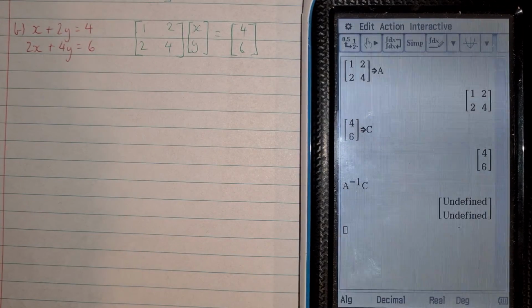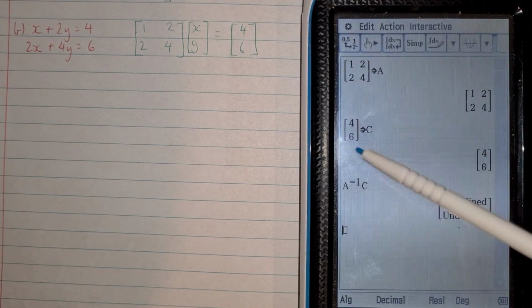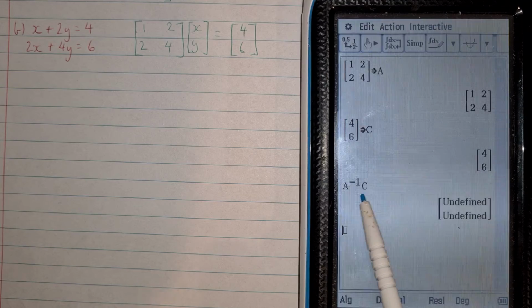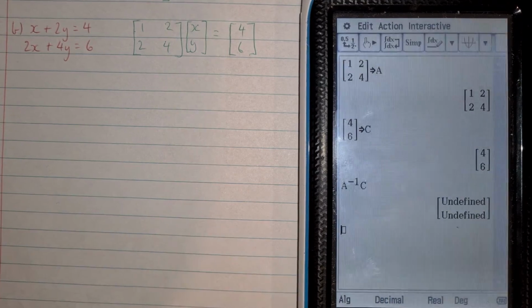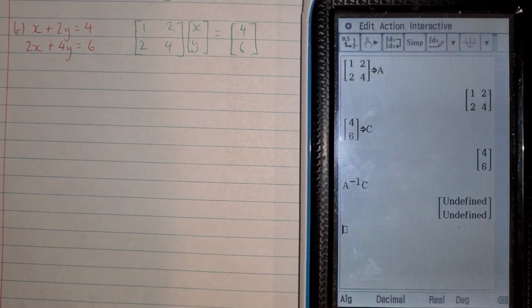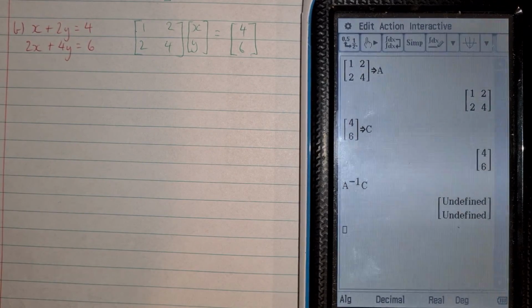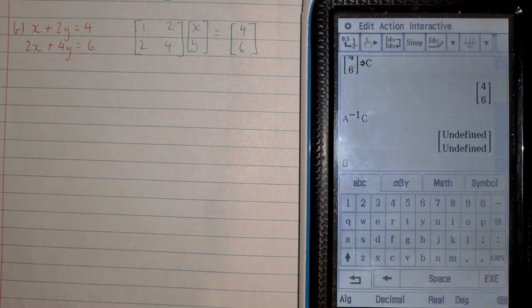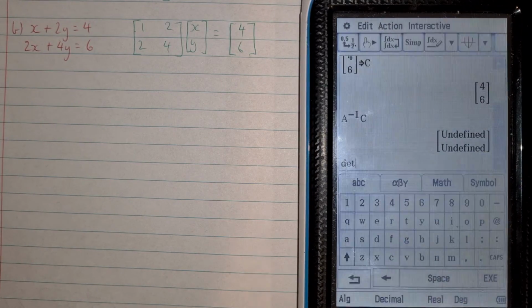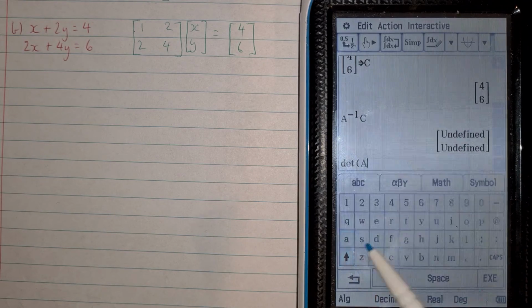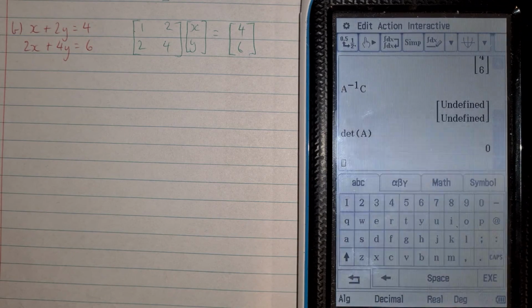Now we get something funny when we try to put this in. When I've assigned my A and my C and worked out the inverse of A times C, I've got undefined. Now, what that tells me is that the determinant of A must be 0. So let's actually double check that. Yep.